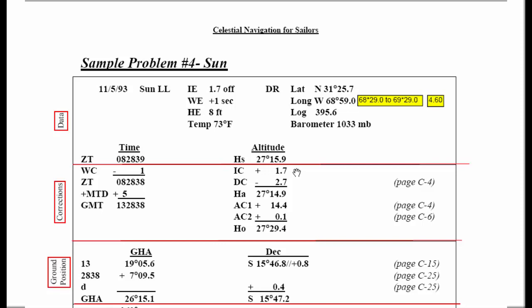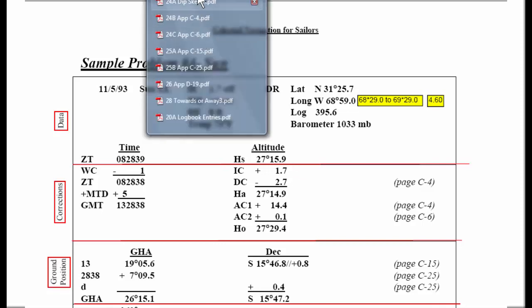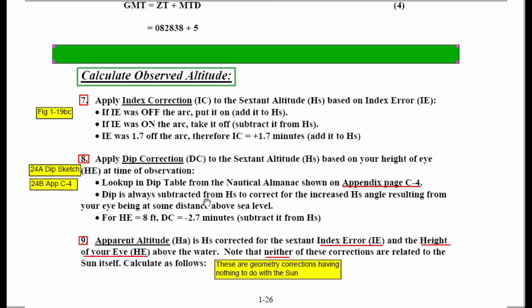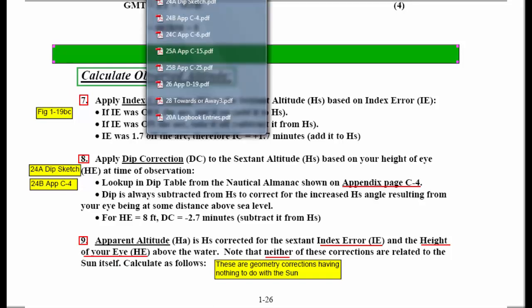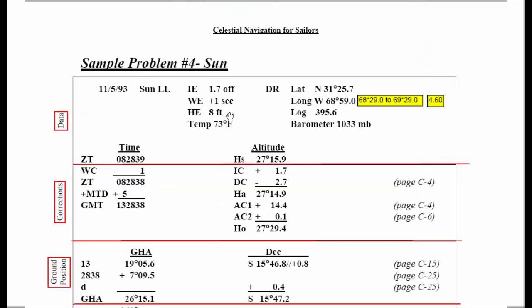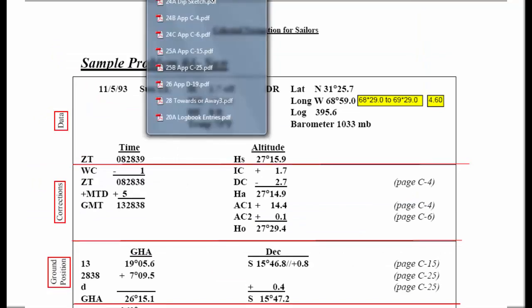That corrects for the index error. And now we have to go to the dip correction, and let's look at this discussion here. The dip correction to the sextant altitude is based on your height of eye, HE, at the time of observation. And our height of eye was 8 feet above the water. So we're going to use that to look up the dip correction.